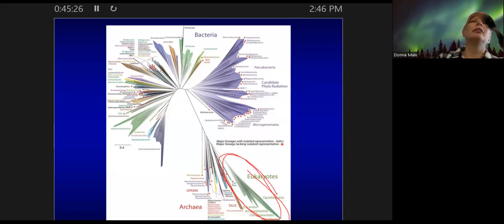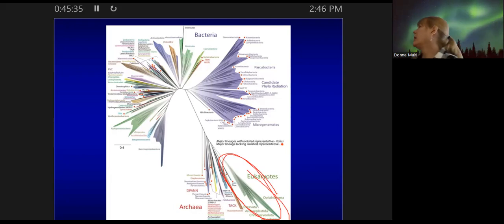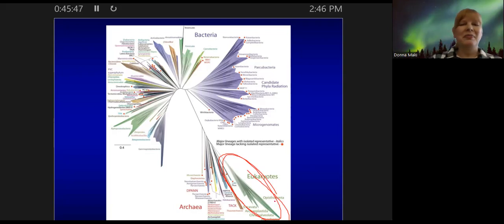But look at everything else. That's all microbial, prokaryotic. So this is a nice visual, kind of hit-you-in-the-eye idea that the vast majority of life out there, the vast majority of species out there are prokaryotic microbes. So I think that's a really cool depiction of the phylogenetic tree.